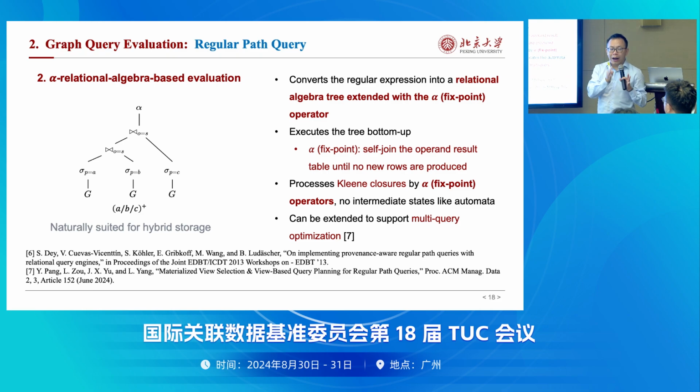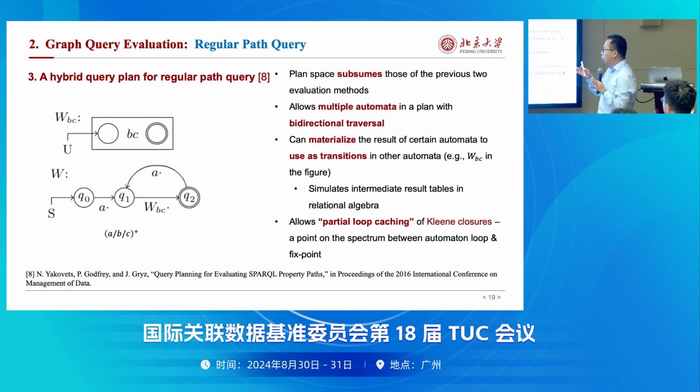So we have two different planning spaces. One is based on the automata. The other one is based on the relational algebra. One paper in SIGMOD 2016 proposed a hybrid query plan. That means we can combine the two evaluations.